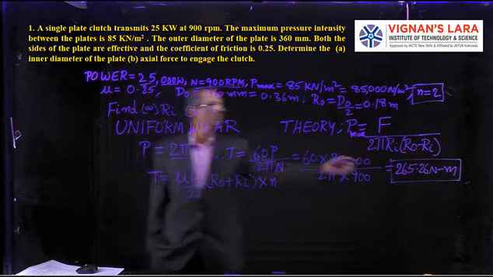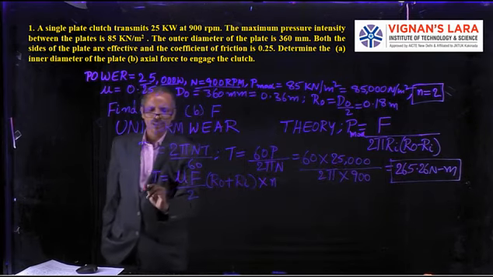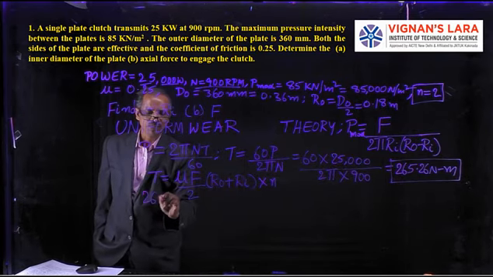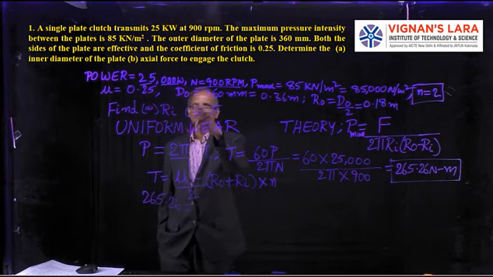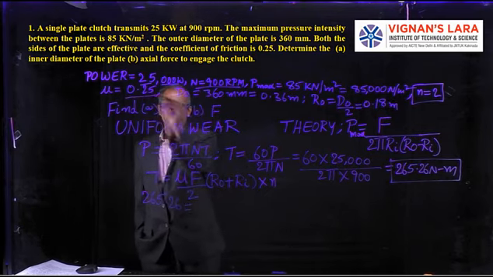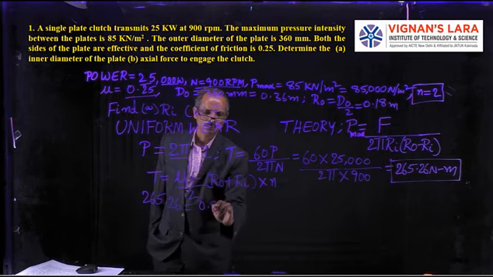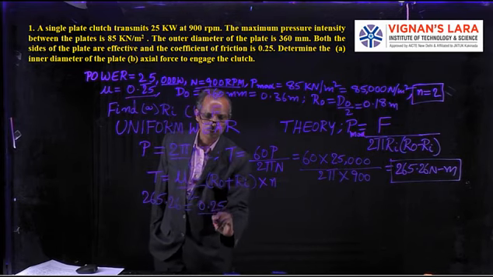The T value, already known, is 265.26, then mu is 0.25 by 2.